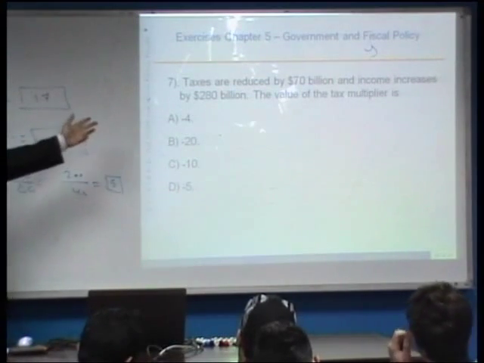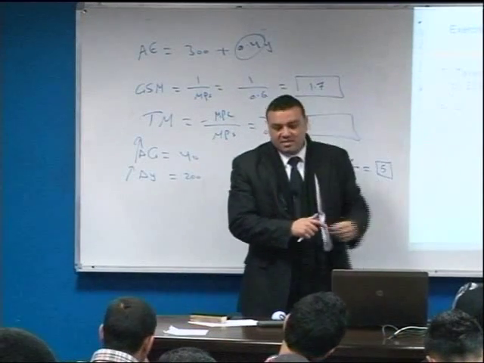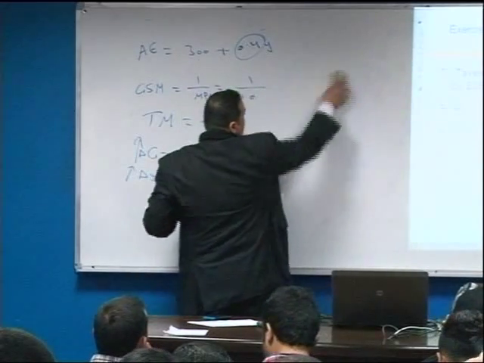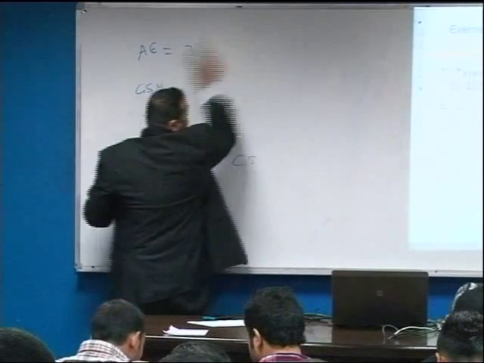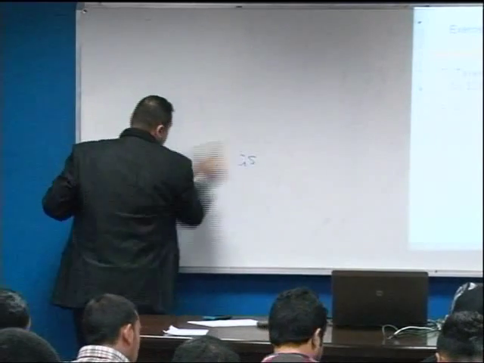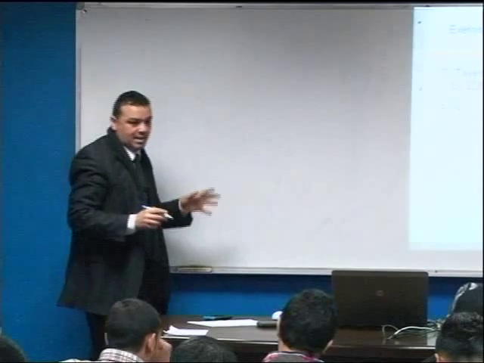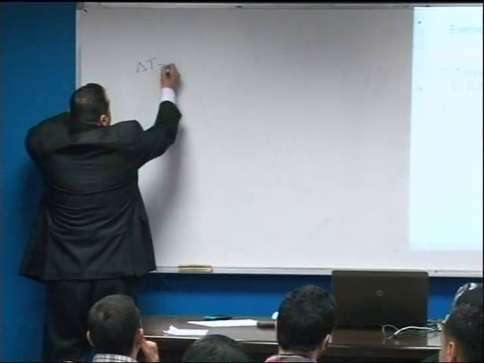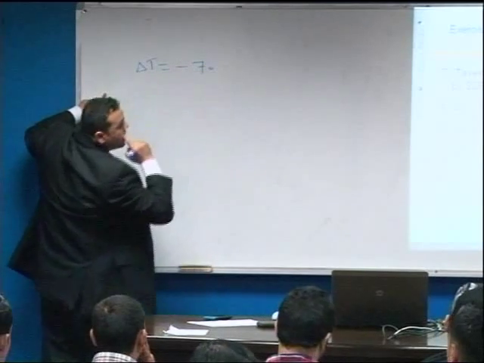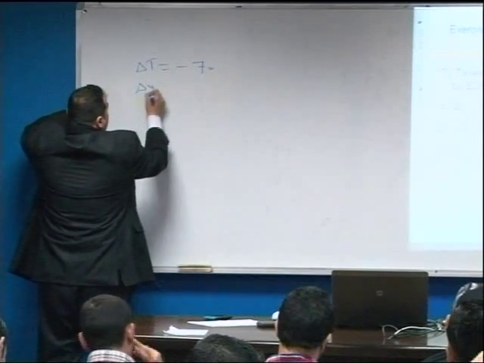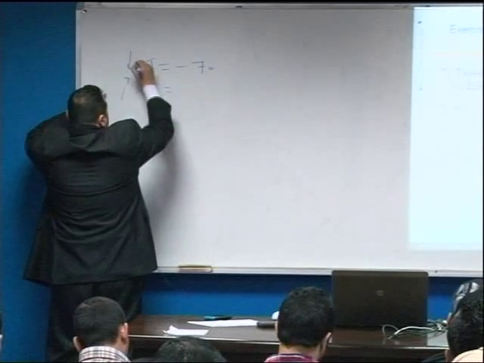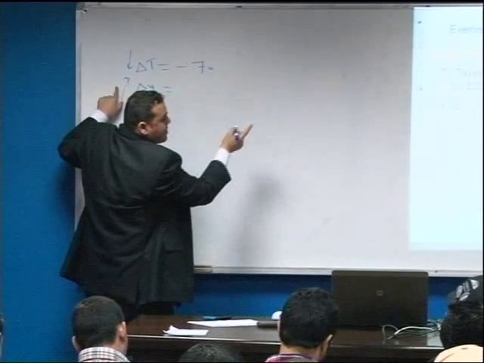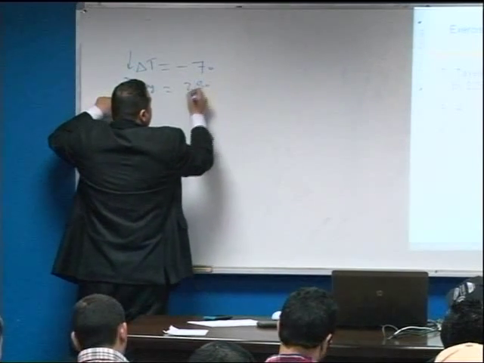So as you see, the taxes are reduced by $70 million and income increased by 280 billion. The value of the tax multiplier is how much? Exactly. So we have a decrease in taxes, delta T equals minus 70, and delta Y increased, so positive 280.